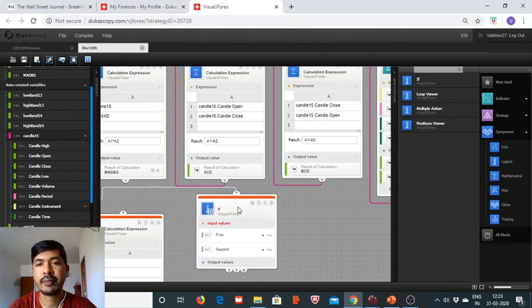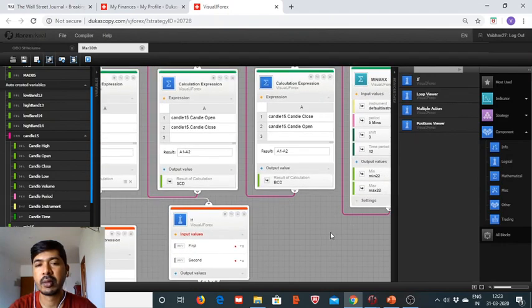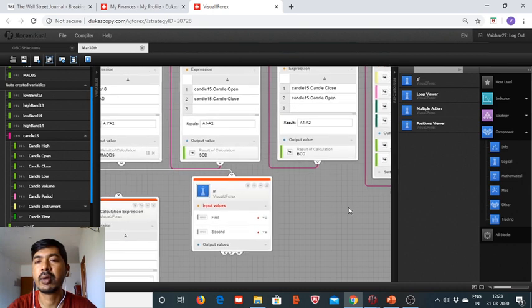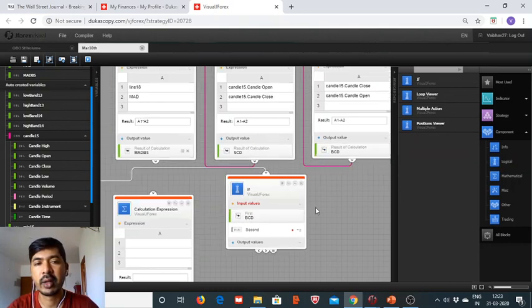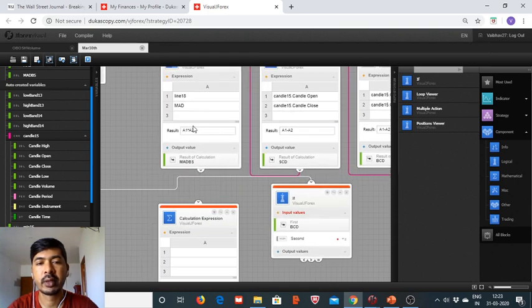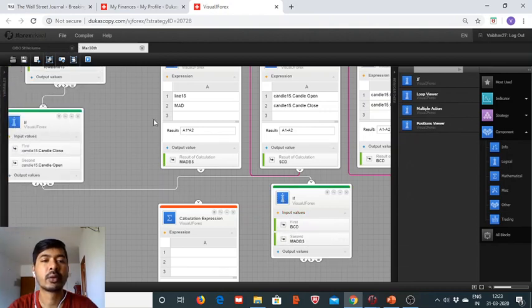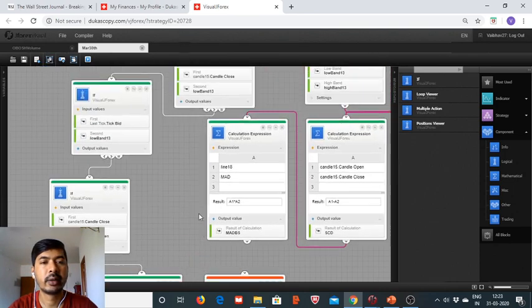And here, by candle difference, we want the difference between the close and the open price to be greater than the 30% of the ATR. So here we have done that.